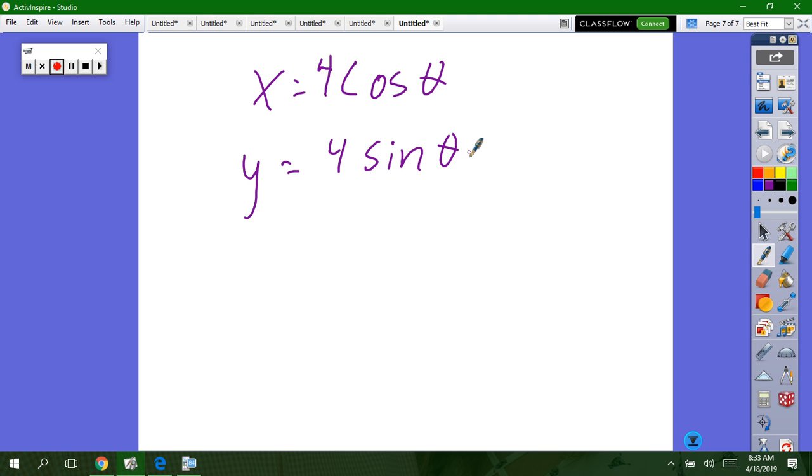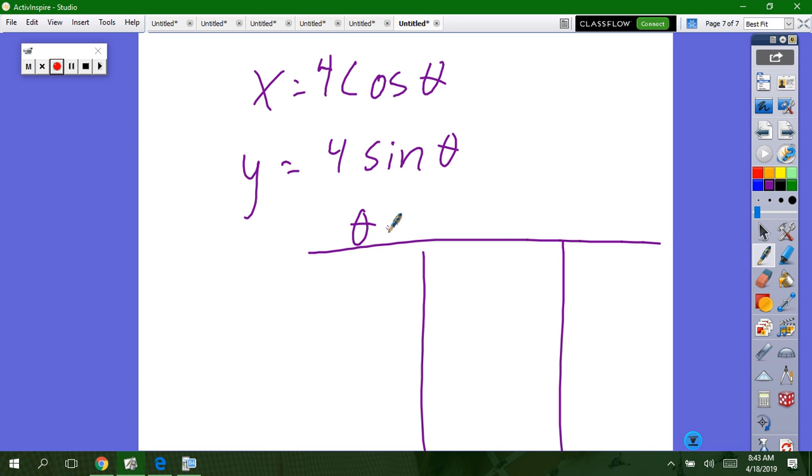Eliminate the parameter. What's our parameter this time? Theta. Should I graph this? Let's first off graph. Okay. So in our little pie chart here, we have theta, x, y, right? What's a nice number to plug in for theta? I'm not going to plug in 1.